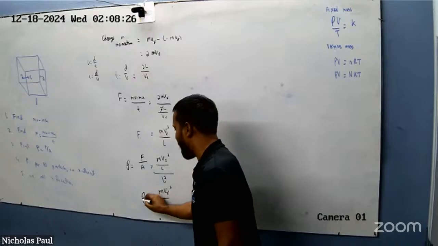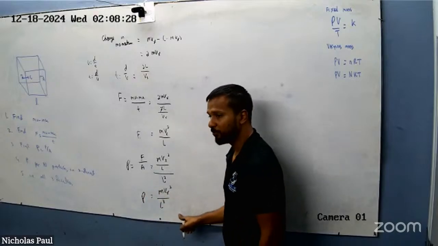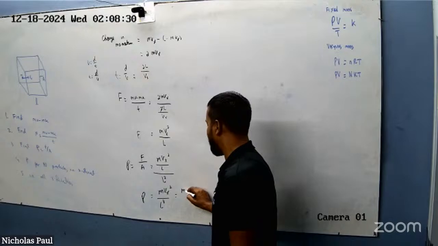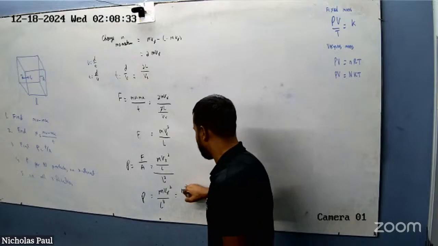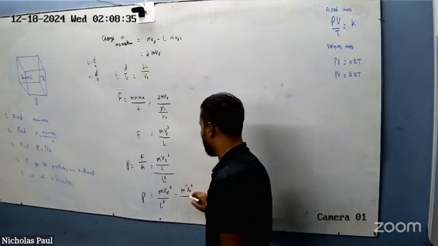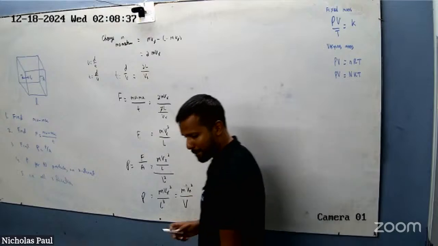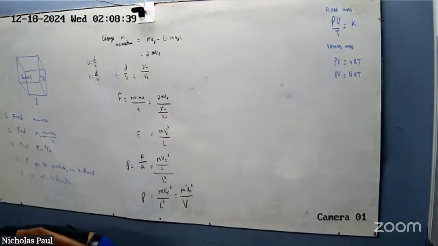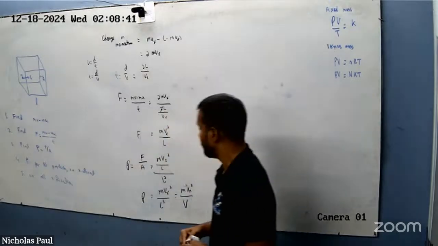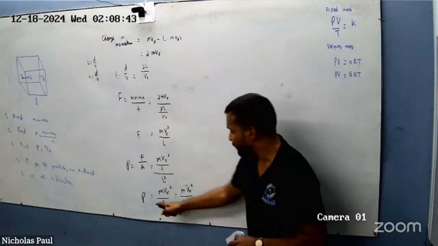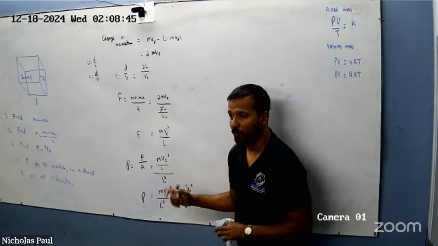But I don't want to use that. I want to use V, so that'll be mvx squared all over V. Everybody okay with that? So that's the pressure exerted by one particle.